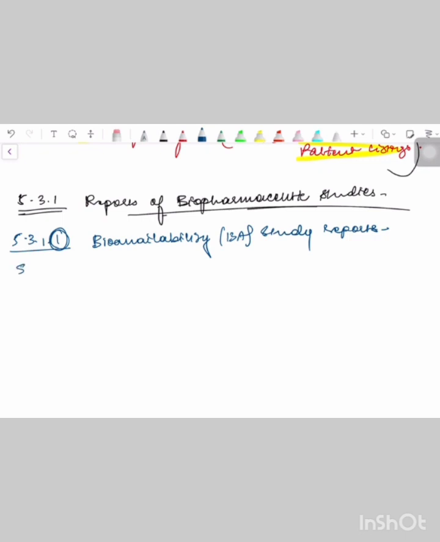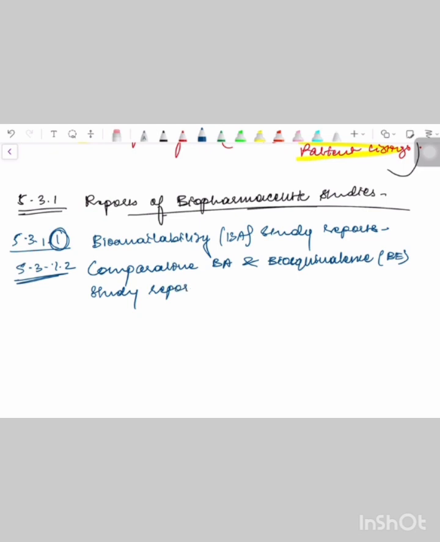That is quite obvious कि अगर आपसे कोई बायोफार्मास्यूटिक स्टडीज़ मांग रहा है तो ऑब्वियसली BA स्टडीज़ मांग रहा होगा. नेक्स्ट दे आस्क ऑफ कंपेरेटिव BA and bioequivalence BE study reports. So BA की कंपेरेटिव स्टडी रिपोर्ट्स चाहिए रहती है उनको.